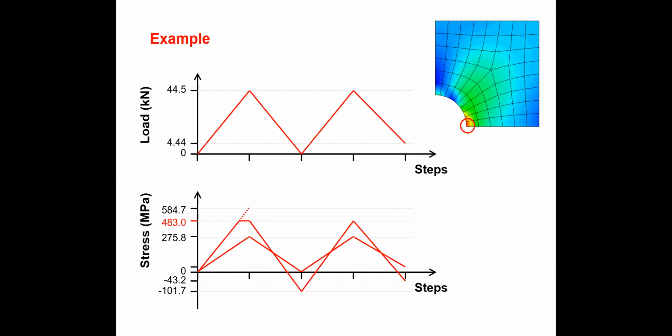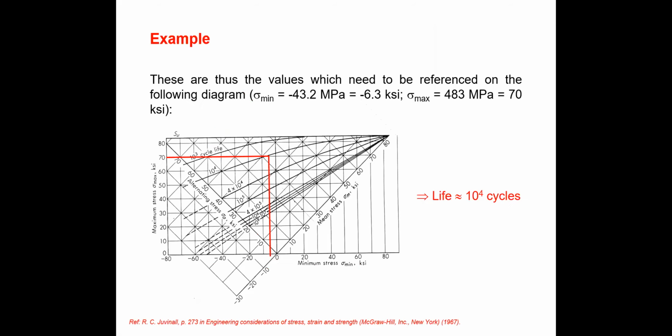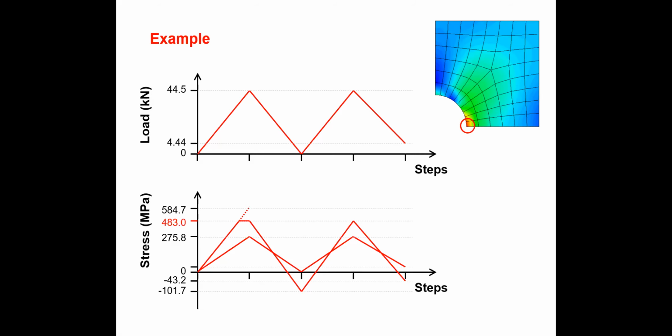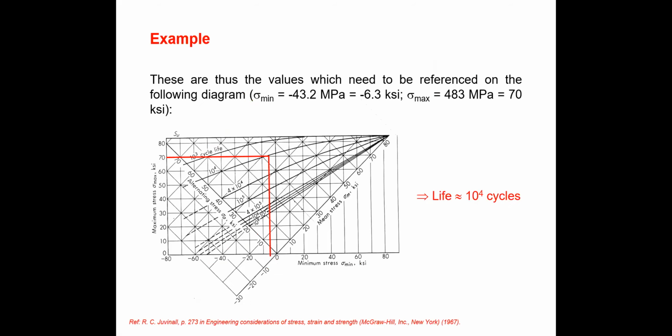Yes, sir. Okay. So you already found the maximum stress and minimum stress now. You can use the same diagram to convert the maximum and minimum stresses to KSI values. So those are the KSI values. Then draw the line. You can see the crossing point. Through the crossing point, a line goes through. Then you can get the lifetime of 10 to the power 4 cycles.